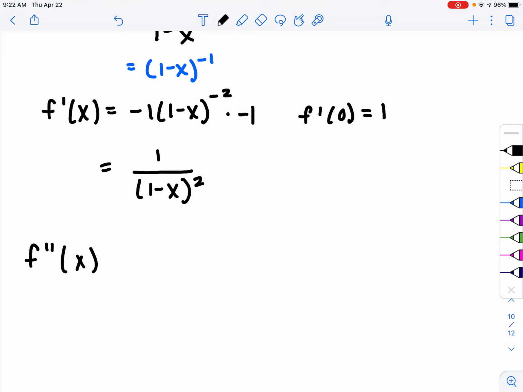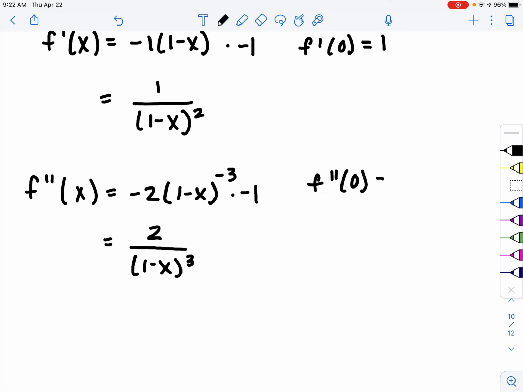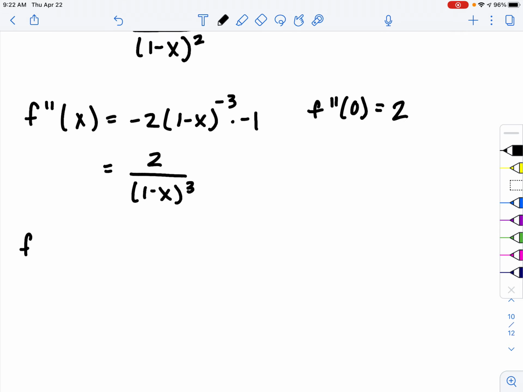My second derivative is going to be negative 2 times 1 minus x to the negative 3 power times the chain rule, the derivative of the inside. That's going to give me 2 over 1 minus x cubed. Hopefully we can start to see a pattern here. My second derivative at 0 is going to be 2 over 1 cubed, so that's 2. That's my third term, so to get one more term, I'm going to need my third derivative.